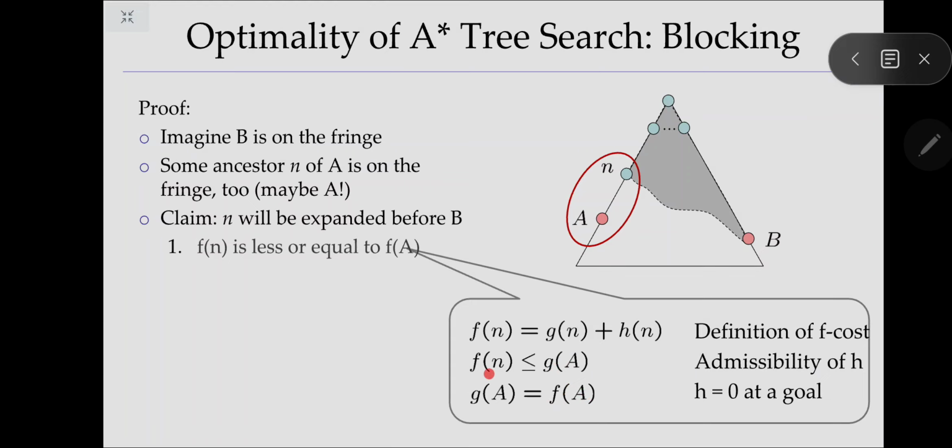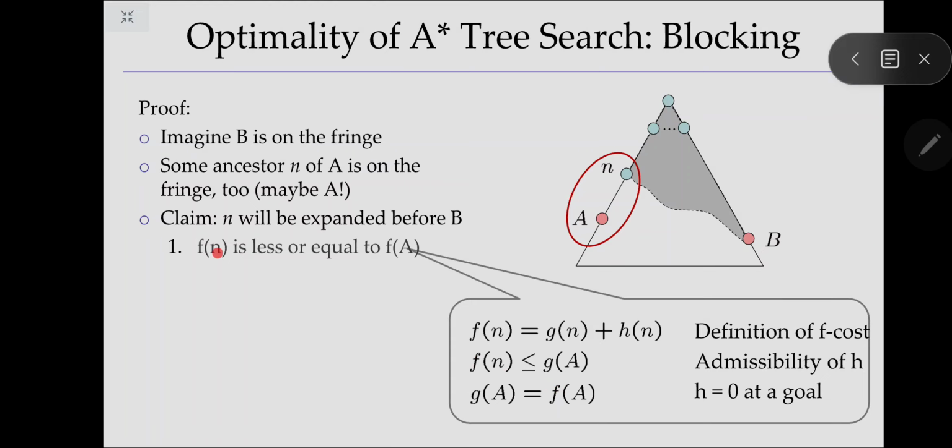When Fn is less than Fa and your algorithm is greedy, it tries to expand N before A.